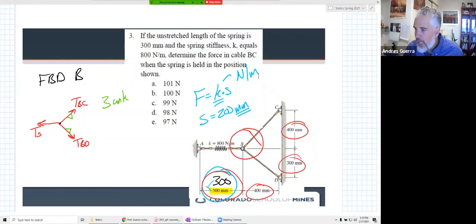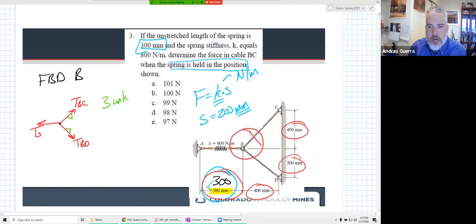And then why did we subtract? We subtracted because the spring is unstretched at 300 millimeters. When the spring is in the position shown, the spring is at 500 millimeters right now. We're trying to figure out what the forces are when it's in that position.